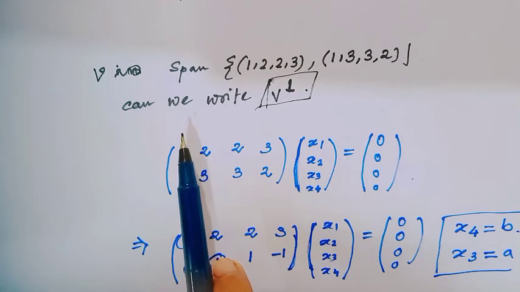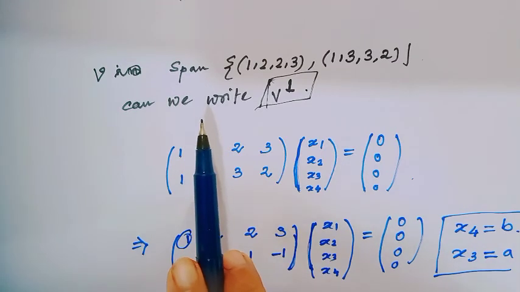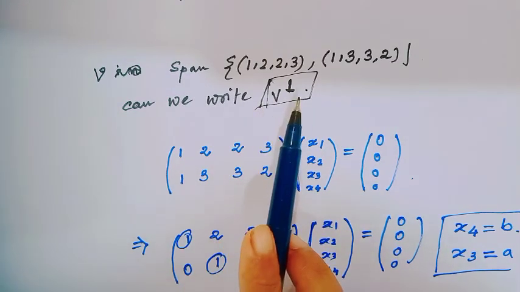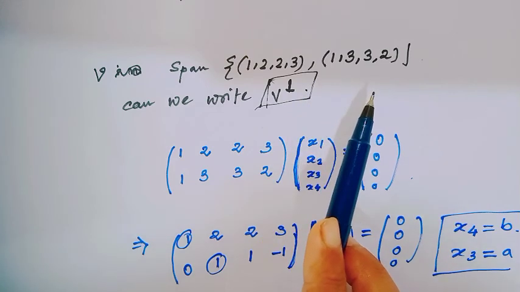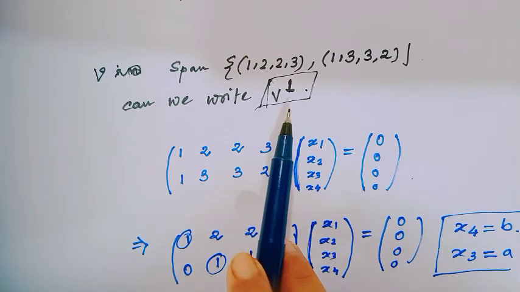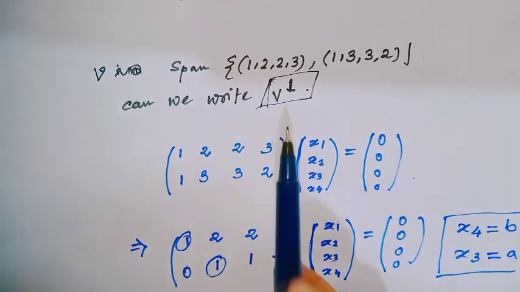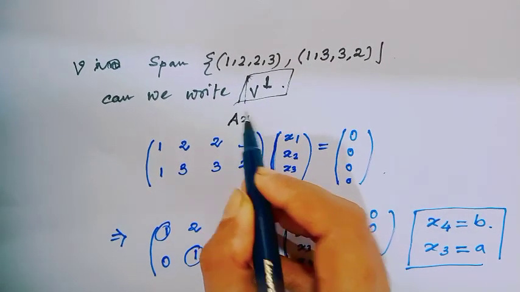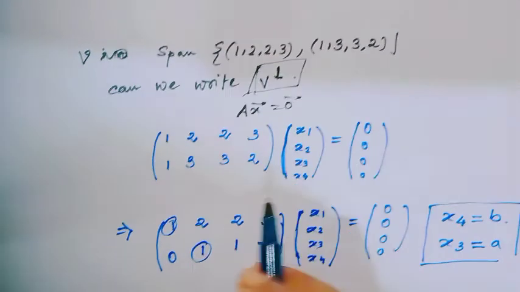Now consider one example. The vector space V is spanned by the vectors (1, 2, 2, 3) and (1, 3, 3, 2). Then can we write the V perp part? Here I will solve it by the Ax equal to 0 solution.